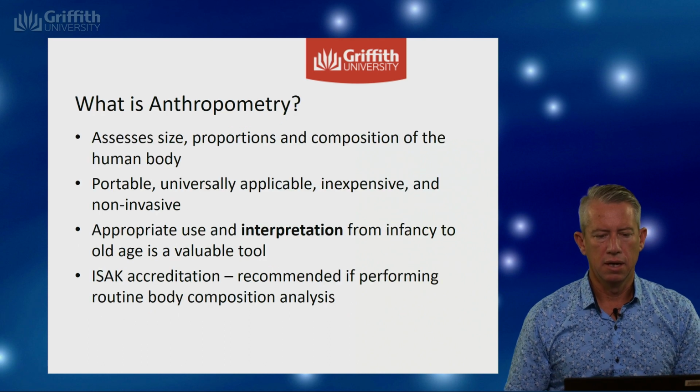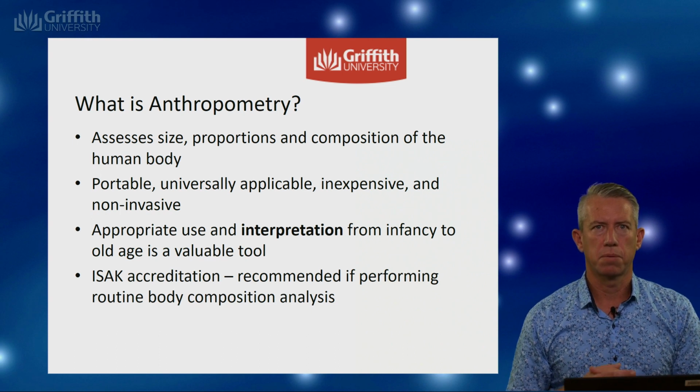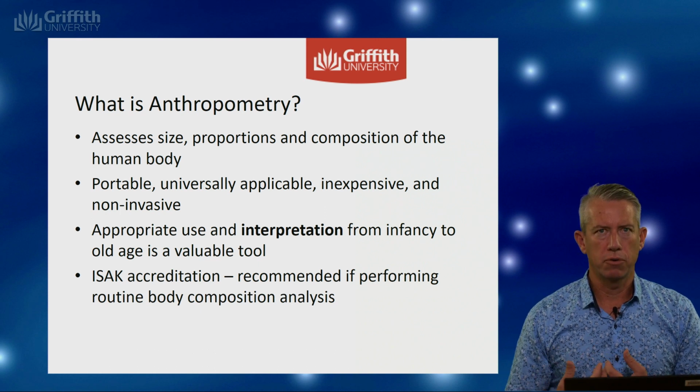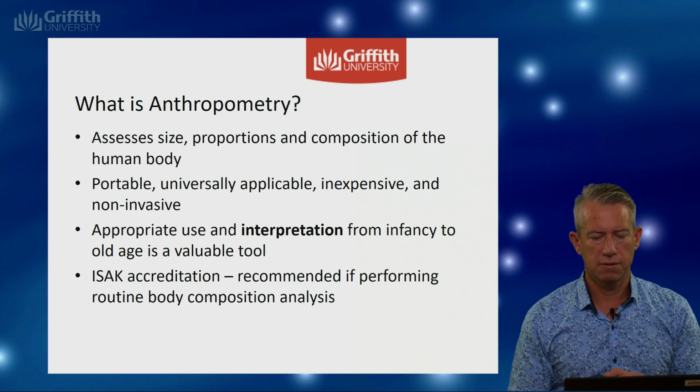So let's get started. Anthropometry, as I alluded to with the statue, assesses size, proportions, and composition of the human body. The most well-used forms of anthropometry are often quite portable. They're universally acceptable, so they're used in a range of different settings.